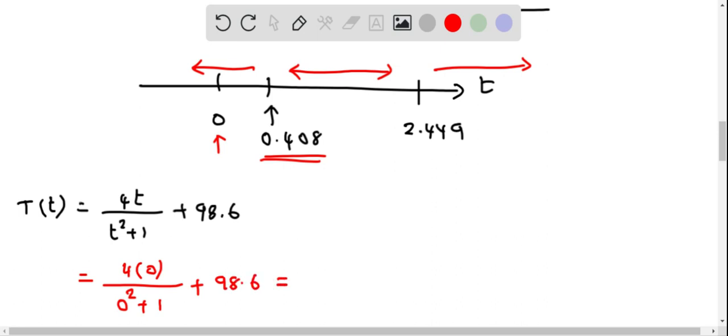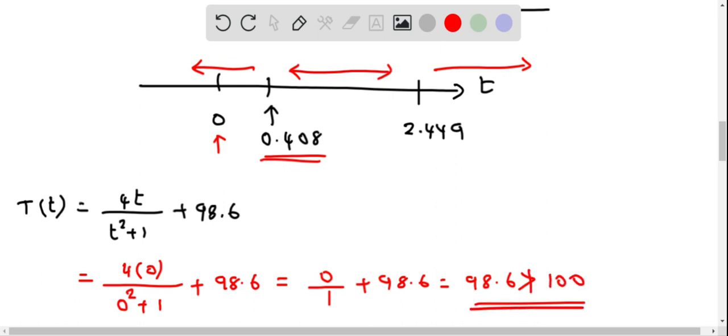This is 4 times 0 is 0, divided by 1, plus 98.6, which is 0 plus 98.6, which is 98.6. So clearly this is not greater than 100. So we can ignore this interval.